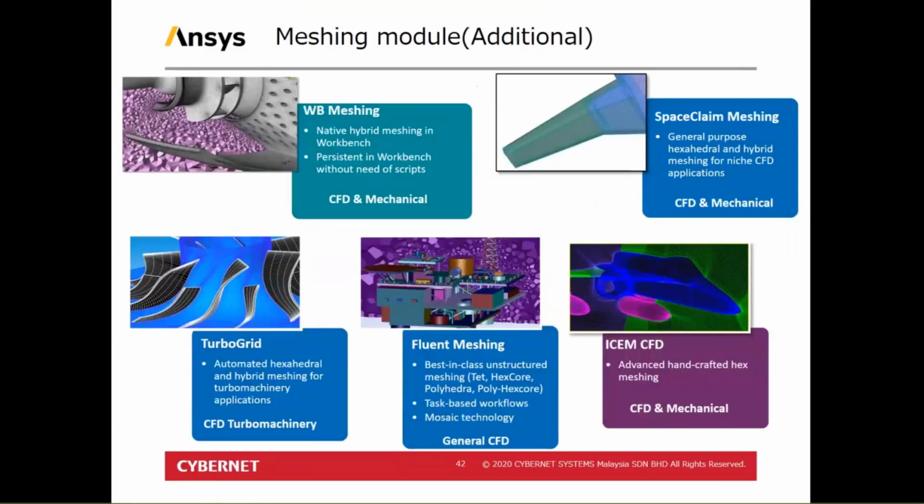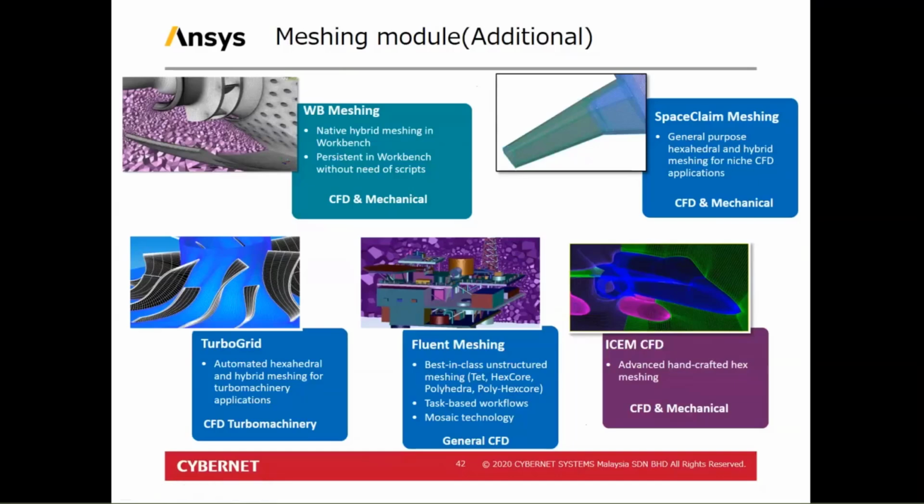So today, I just focus on the Fluent meshing workflow, but Ansys provides several options for meshing. I think it depends on the customer's needs which tool is suitable. But basically, your first choice would be Workbench meshing, this one, or Fluent meshing.